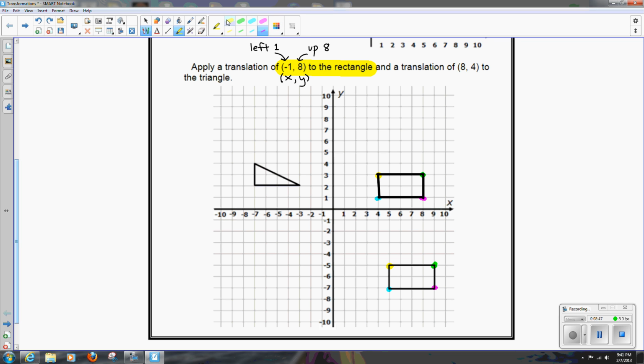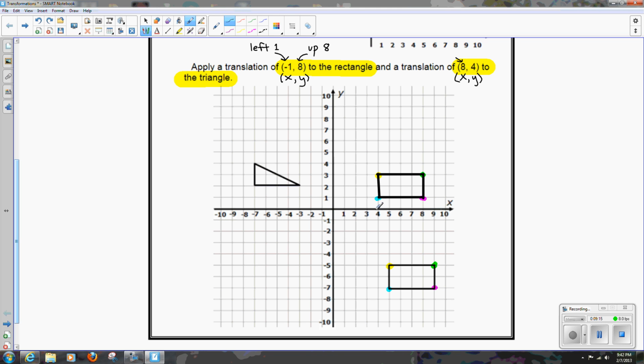All right, let's take a look at the next one. They want us to apply a translation of 8, 4 to the triangle. So again, the 8 is the x value, which means that they want me to increase now the x value by 8.